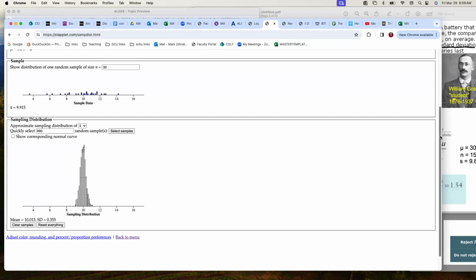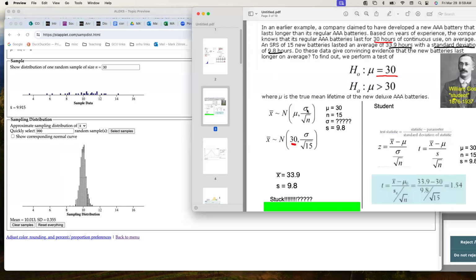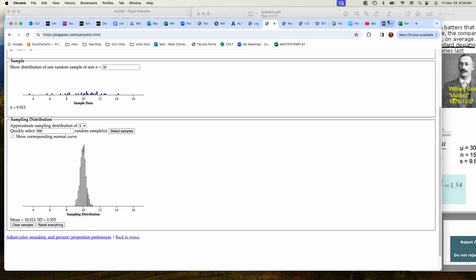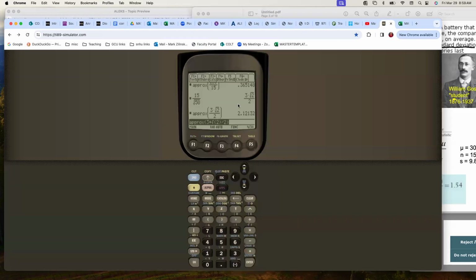So theoretically, according to what we should get over here, it should be equal to 2 divided by the square root of 30. I think I did that on the calculator back here. I did this without the record button on, so the good news is I don't have to type all this in again.